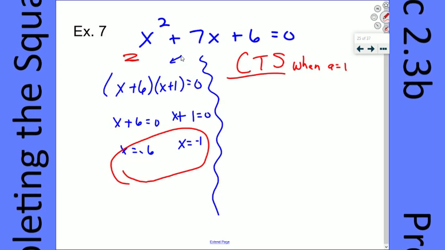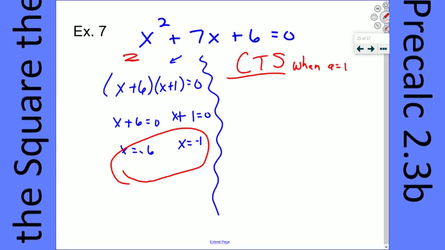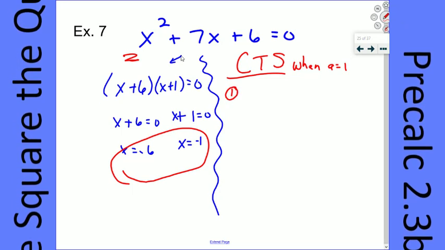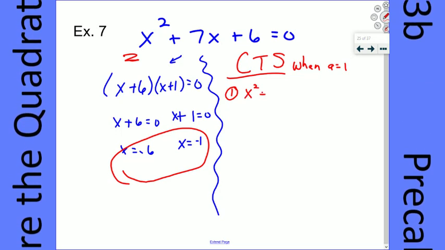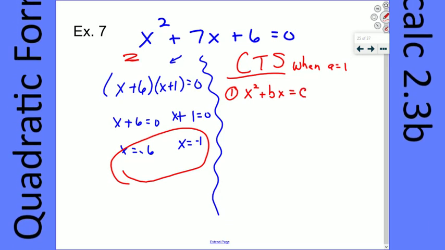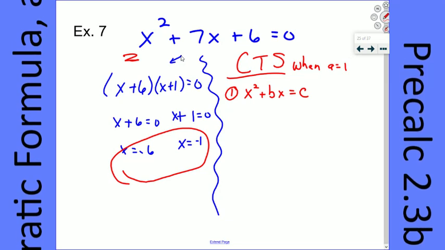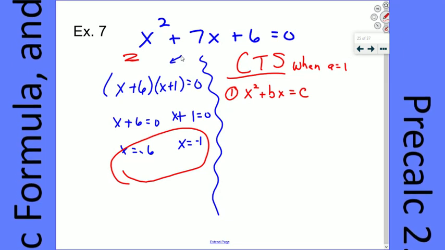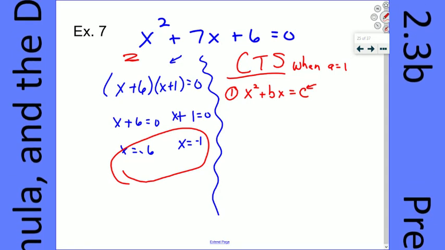So how do we start completing the square? So the first step in completing the square is to get the problem to look like this. We want to have just x squared plus some number times x equals some number. Okay? So if we have something that looks like we have right now with the x squared plus 7x plus 6 equals 0, we want to get all the number terms over onto the other side.